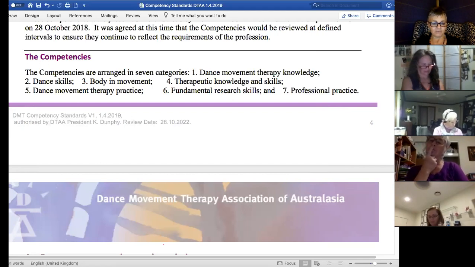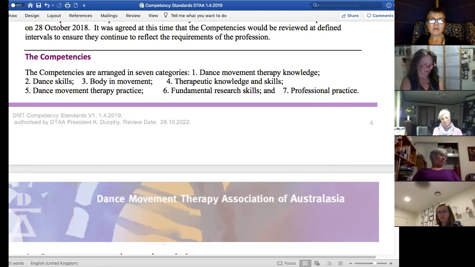They're distinct from competency standards because they say how training courses are done and what should be included in training in order to make a dance movement therapist competent in these domains. So that's a difference between these things.